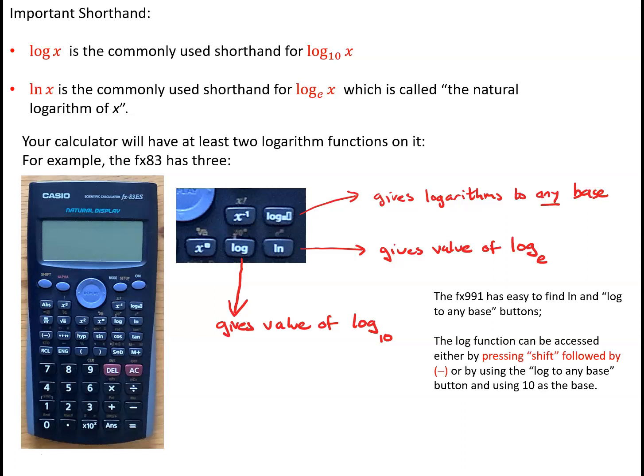On the FX991, which many of you will probably have, it's easy to find the ln button and the log to any base buttons. The log function can be accessed either by using the shift button followed by the minus button, or of course, and possibly easier, is to use the log to any base button and use 10 as the base.